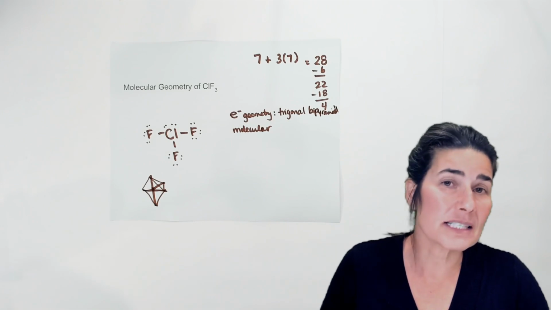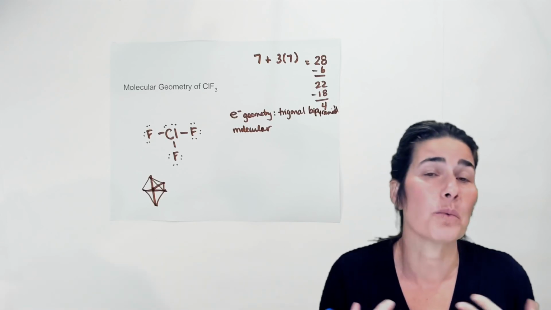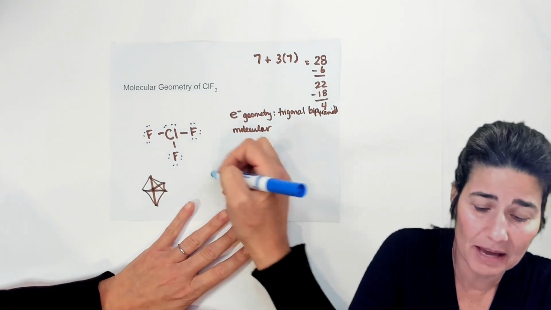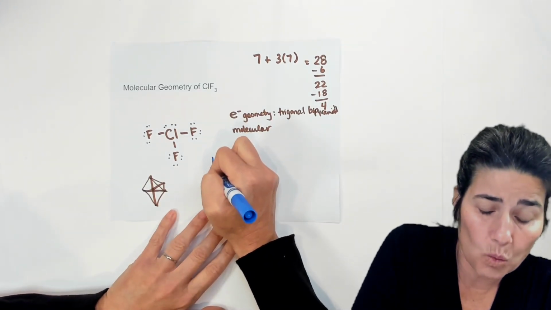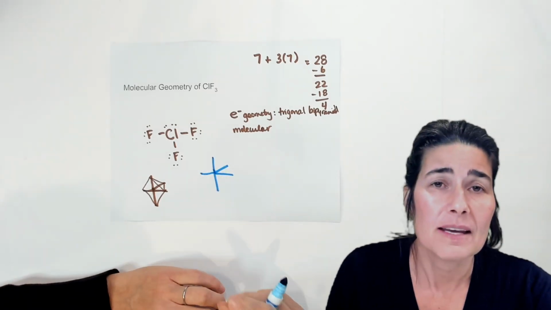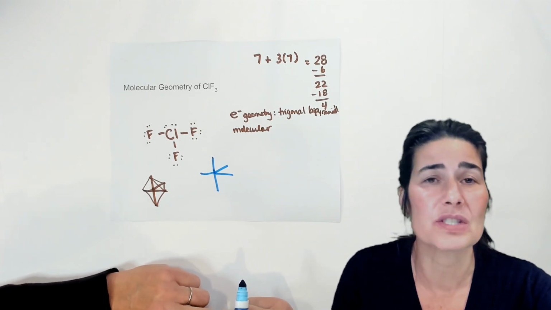Now, as far as the molecular geometry goes, we have to see what's left over after we ghost out our lone pairs. So I'm going to draw my 5 domains. One up, one down, 3 in a ring around the middle. Now, this is the only geometry that matters who we ghost out.